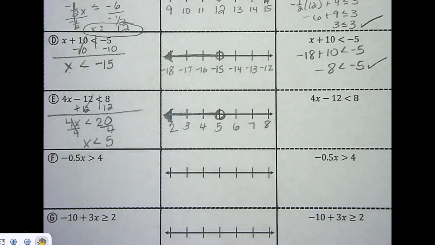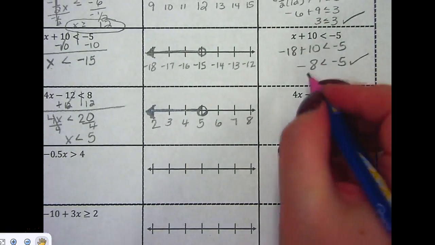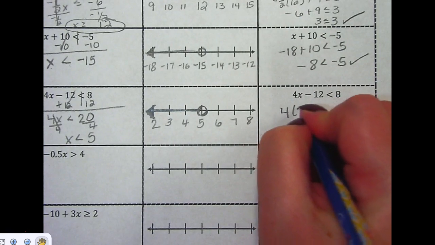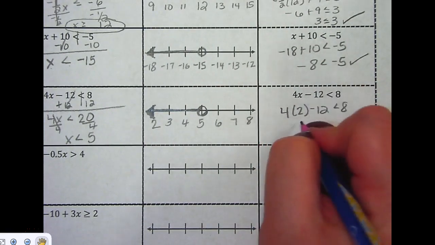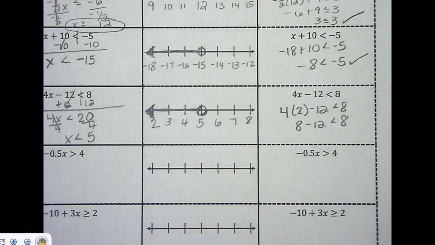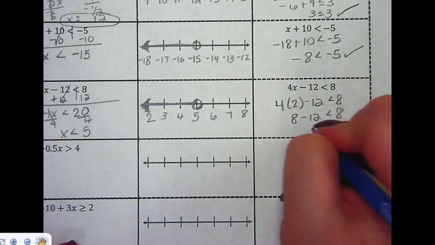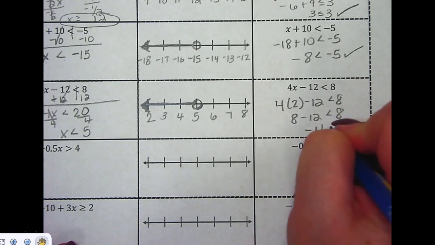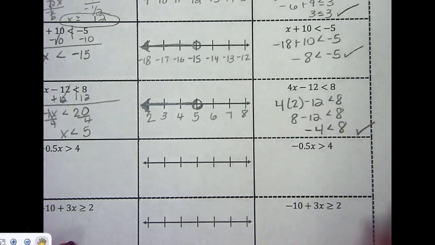So let's pick a number less than 5. 2. 4 times 2 minus 12 is less than 8. 4 times 2 is 8. Minus 12 is less than 8. 8 minus 12 is negative 4. And is negative 4 less than 8? It is. Boom.